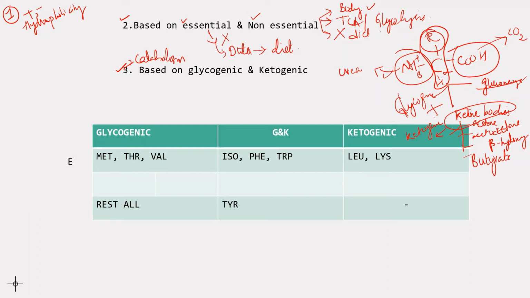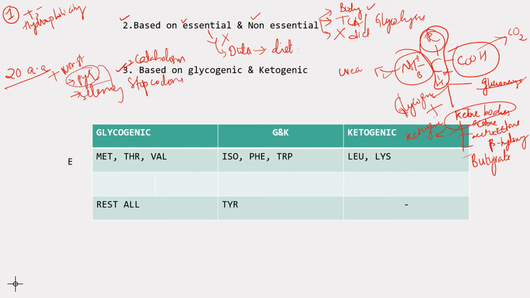We all know that there are 20 amino acids, right? So 20 standard amino acids which are seen in a human body. There can be non-standard amino acids also, like pyrrolysine and selenocysteine, which are made from the stop codons.